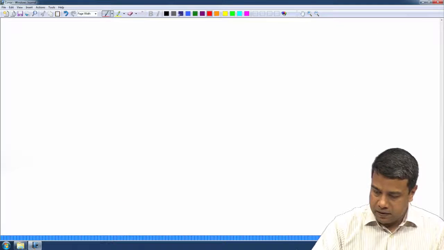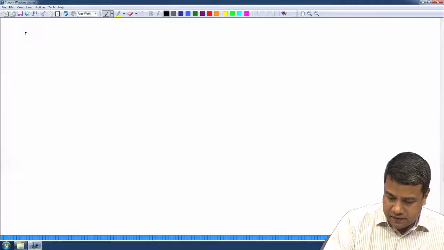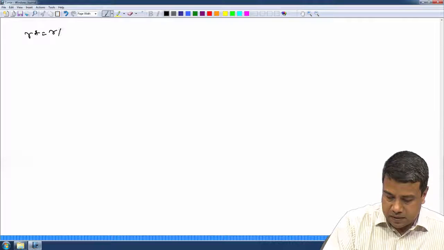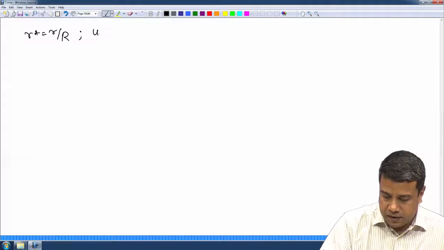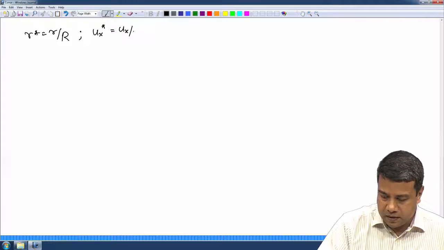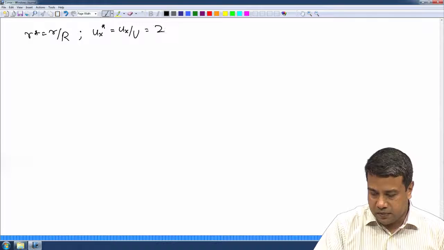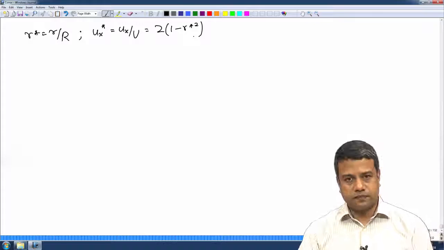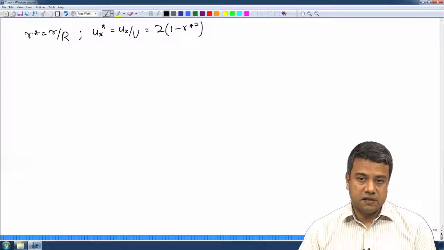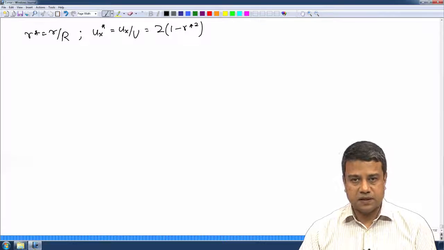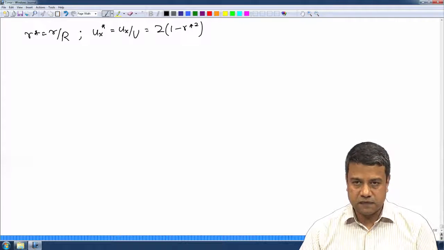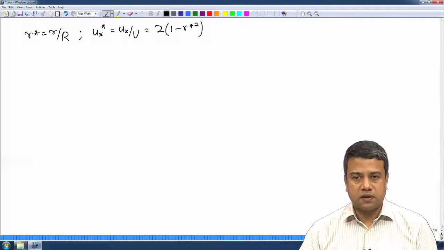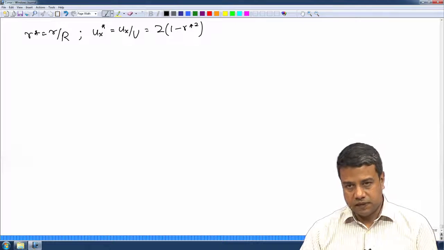First thing, I will scale my variable r star equal to r by capital R, ux star equal to ux by u, which will be equal to 2 into 1 minus r star square. We do not yet have a scaling for the x direction, we will leave that dimensional for now. We also do not have a scaling for concentration, we will leave that dimensional as well.